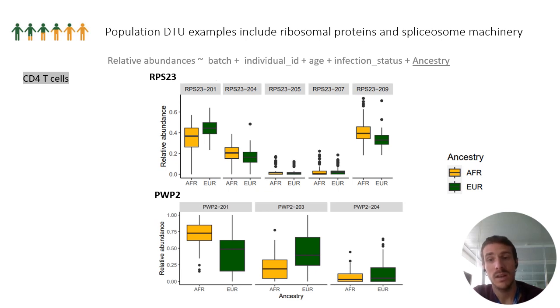Finding genes belonging or related to ribosome function is reassuring because ribosomal proteins have been previously shown to differ in differential gene expression analysis between populations. So in this sense, it's reassuring to find these cases also differentially transcript used.